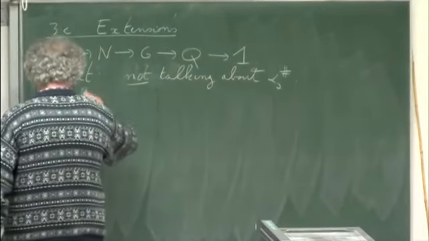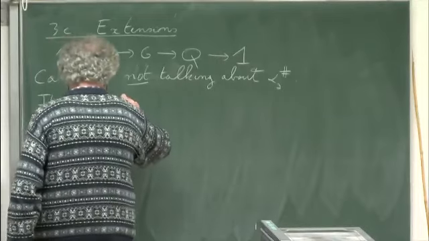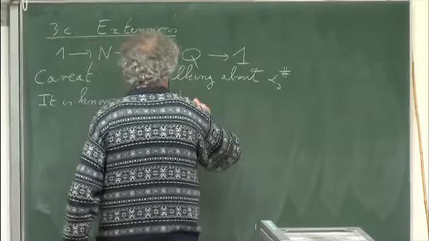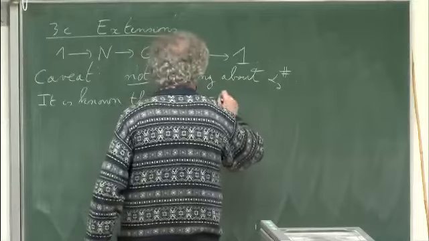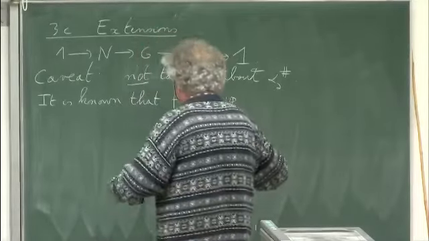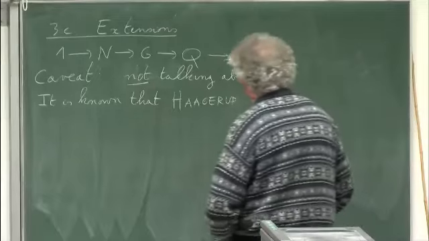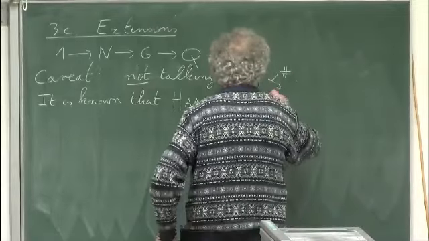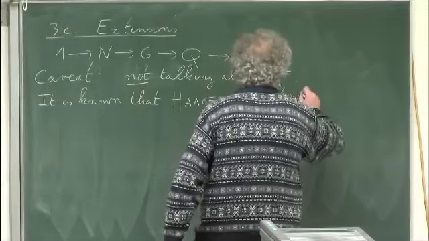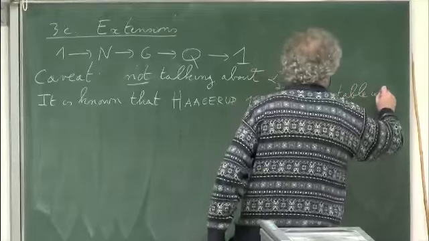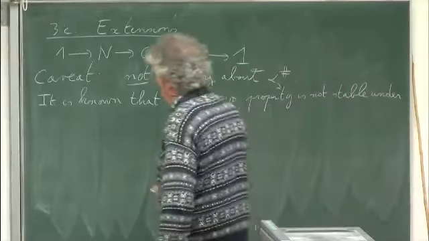for the reason that it is known that the so-called Haagerup property, so the fact that the group admits a proper isometric action on Hilbert space, is not stable under semidirect products.